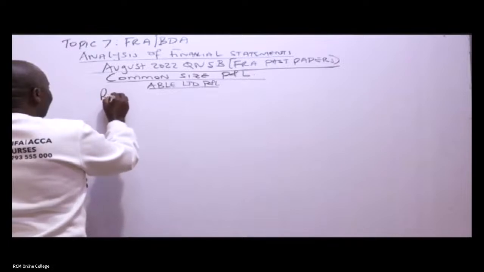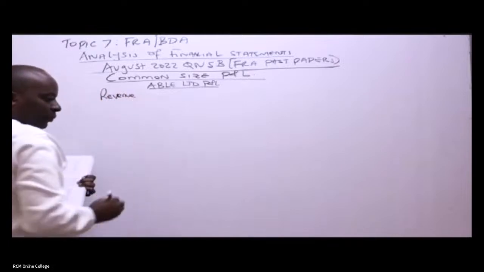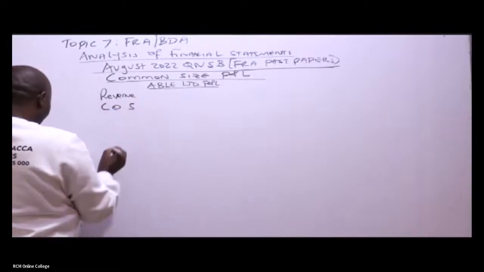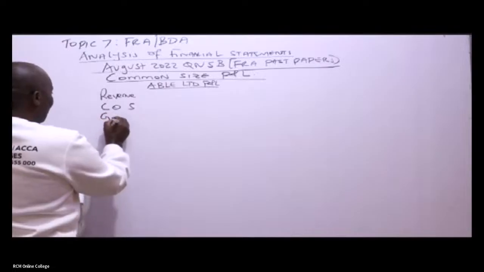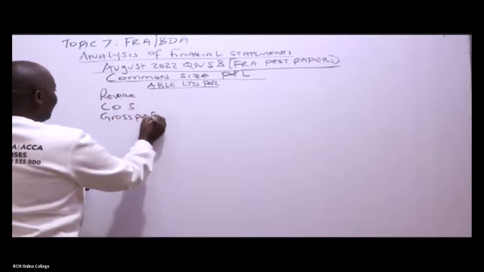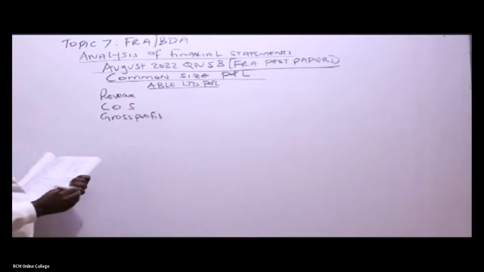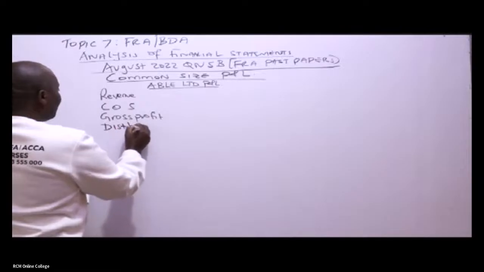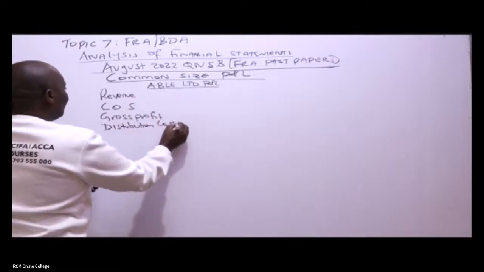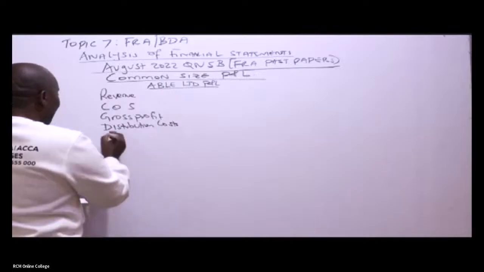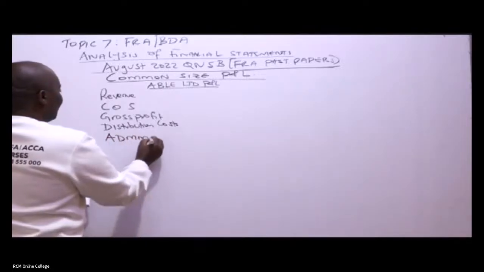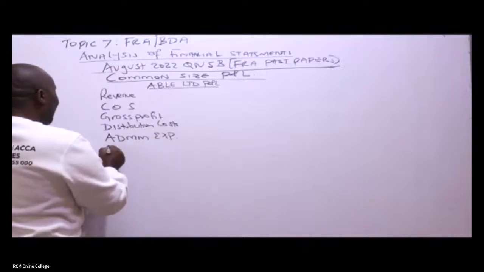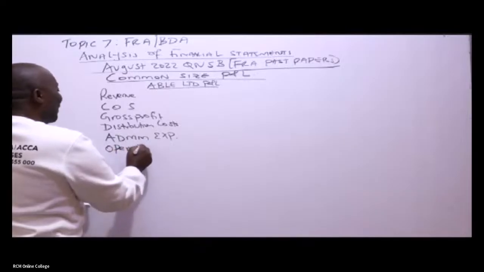So we have revenue, we have cost of sales, we have gross profit, we have distribution costs, we have administrative expenses, we have operating profit. Of course, the BDA students are very lucky because we are not copying anything.